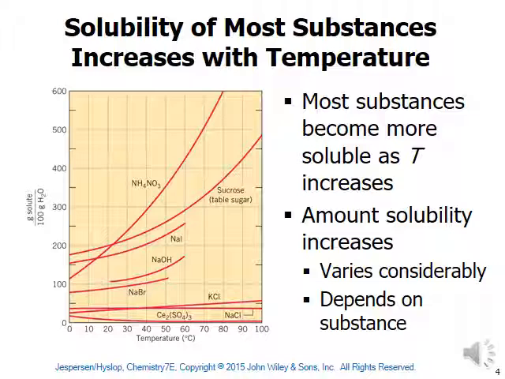Okay, so here's the diagram. Most substances become more soluble as temperature increases. You see that? Here's temperature and here's solubility. As you increase temperature, solubility goes up, and you can see it varies considerably depending on the substance.